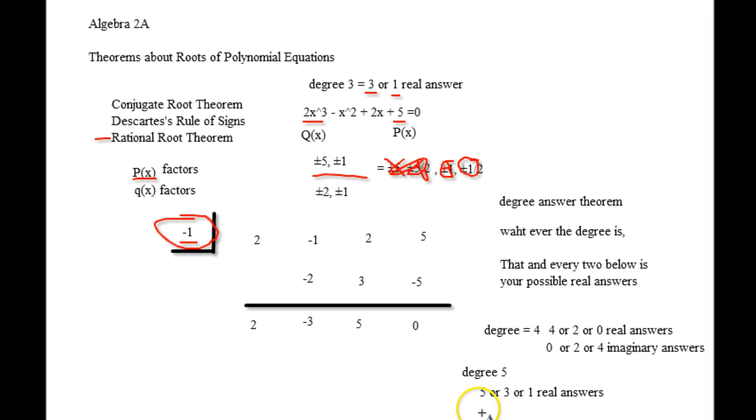So that also works for degrees of 5. If my degree is 5, then I have 5 real and 0 imaginary roots. Or if I have 3 real, I could have 2 imaginary roots. Or if I have 1, I could have 4 imaginary roots. And remember, roots, answers, they're all interchangeable.